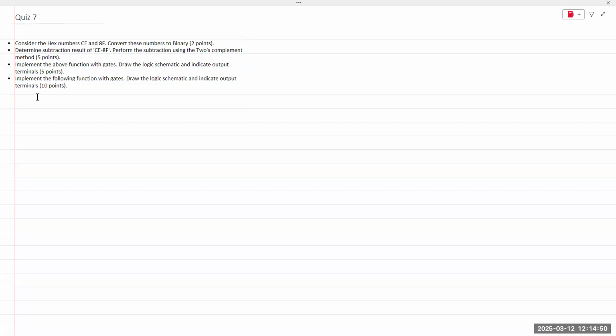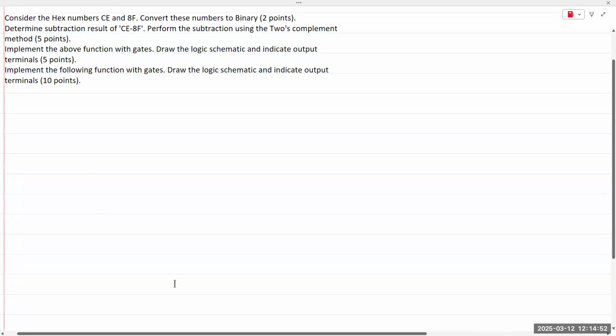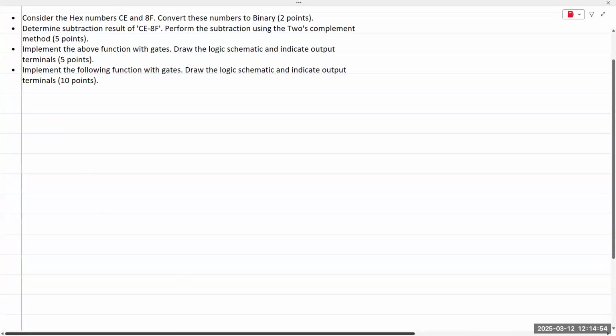So we have two numbers, CE and 8F. I think most students got that correct. Most students also got the theoretical complement, 1's complement, 2's complement correct. So everybody is good on that. Let me ask you, if you have a hex number and it's 2 digits, how many bits of data do you need to describe that number? 8, right?